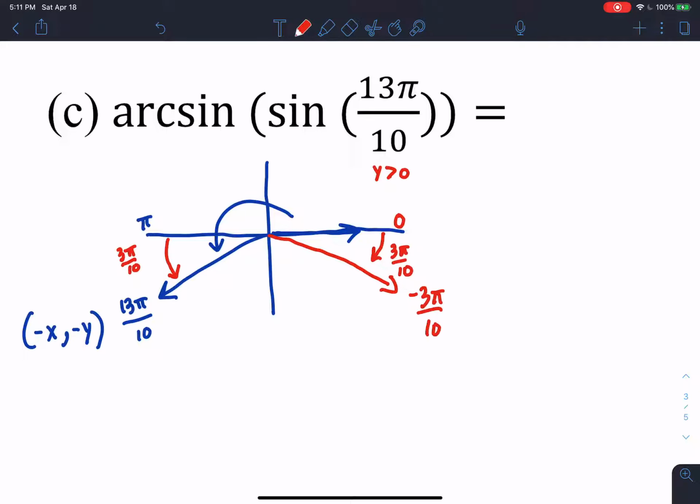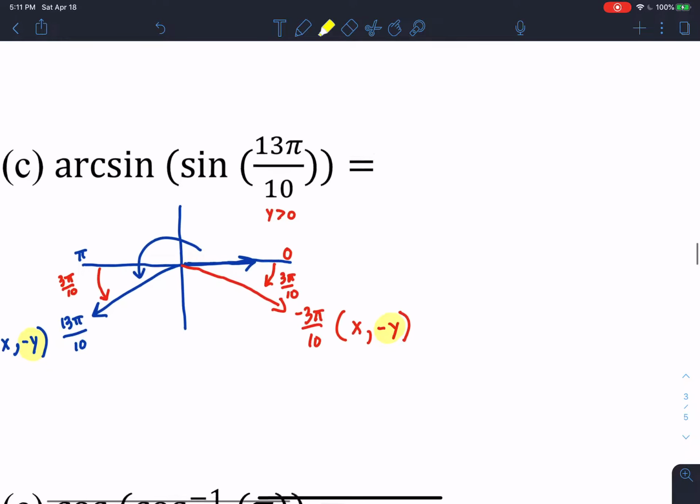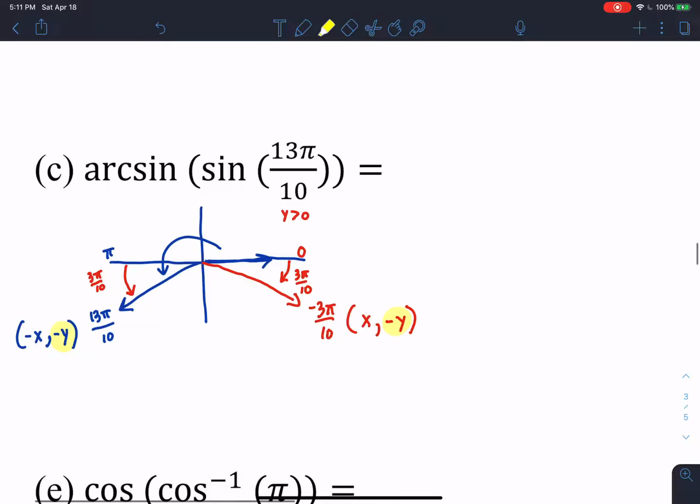At negative 3 pi over 10, we know it has some x value, and it's going to have a negative y value. That negative y value is the same as you have at 13 pi over 10. As we work through this, sine of 13 pi over 10 is going to give you some y value, which is this one here.